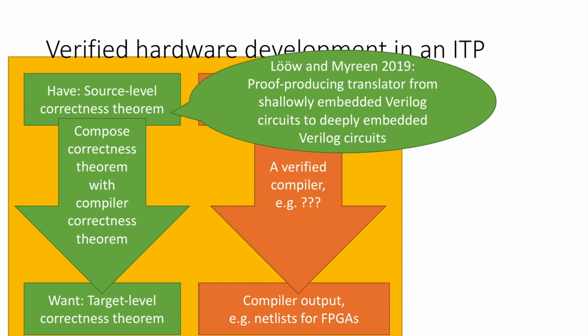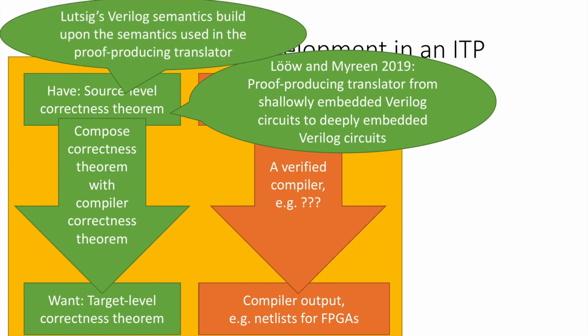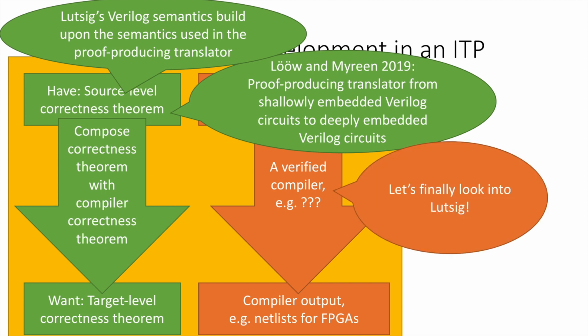This allows us to prove theorems using shallowly embedded Verilog circuits, and then, using this translator, port these to deeply embedded Verilog circuits that can be used as input for Lutsig. This proof-producing translator was simple to connect to Lutsig, because Lutsig's Verilog semantics is built upon the semantics used in the proof-producing translator.